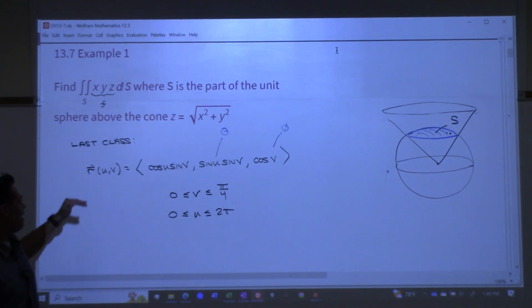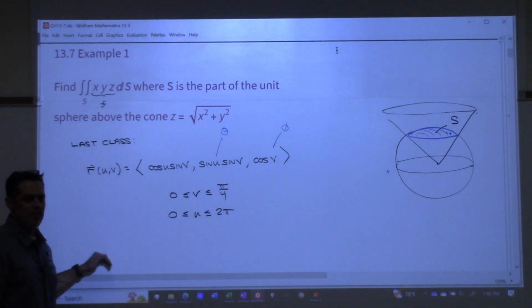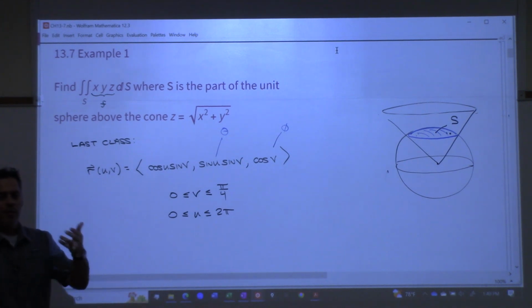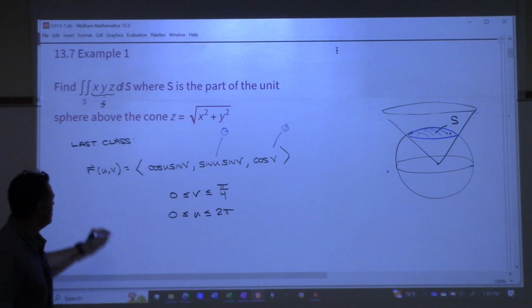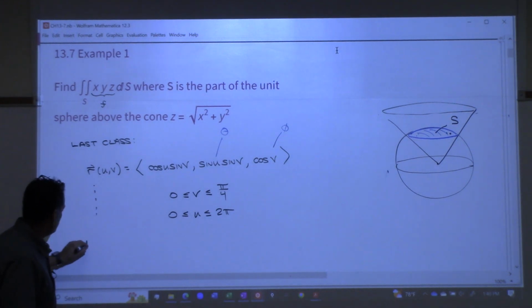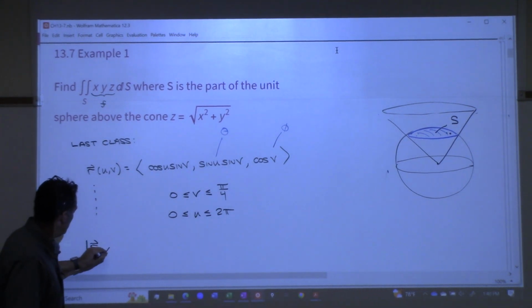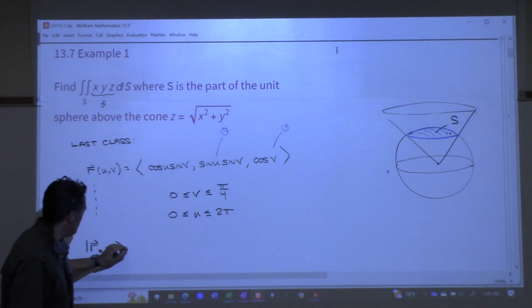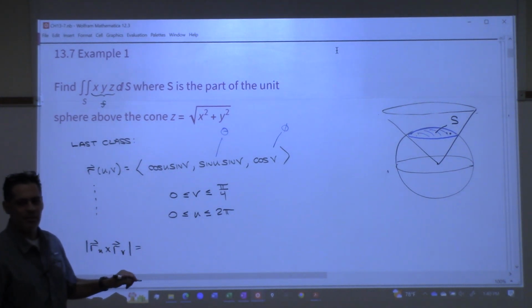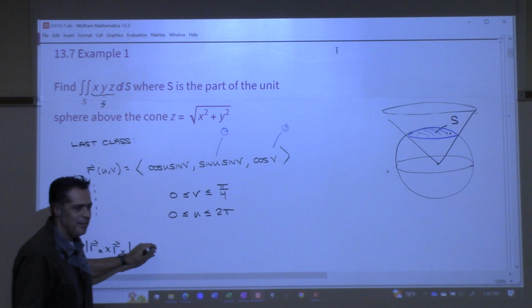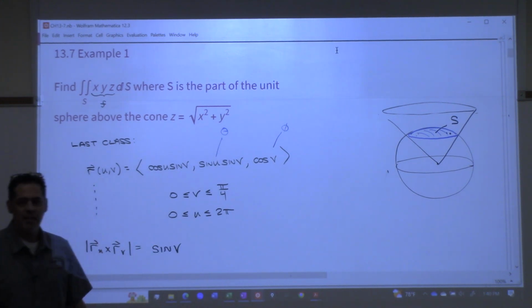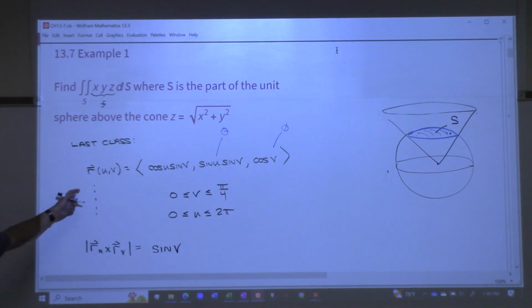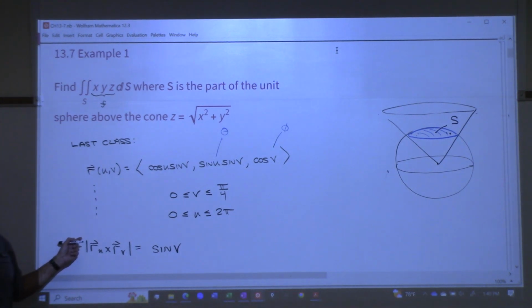Now, I could go and start taking partials, then the cross product and then the magnitude, but we did that in class last time. If you look back in your notes, what was the magnitude of the cross product of the partials? It turned out to be super nice. Anyone got it? Sine V. So there's a lot of work that I'm not doing here because we already did it.